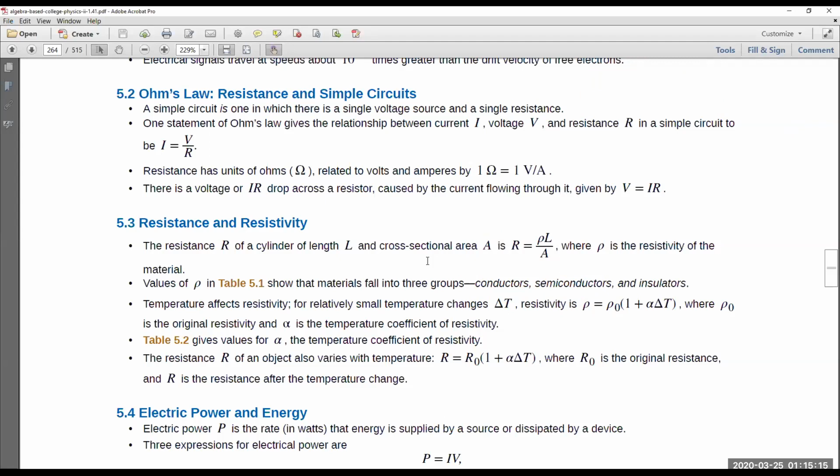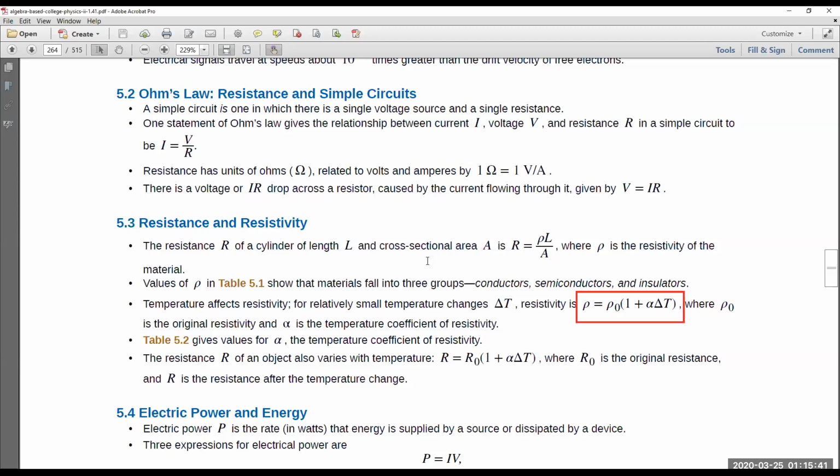Resistivity, even though it is constant for a given material at a given temperature, does depend on temperature if you change the temperature. So this equation shows us how the resistivity depends on temperature.